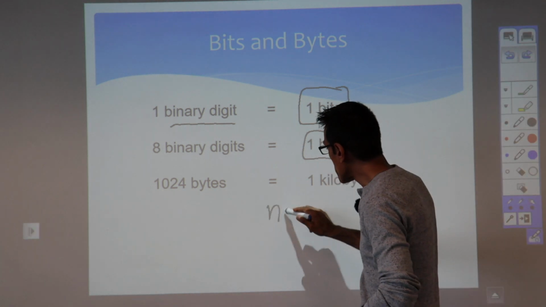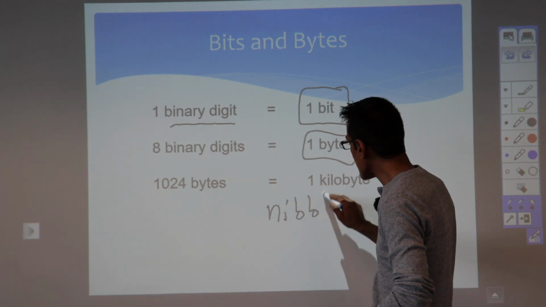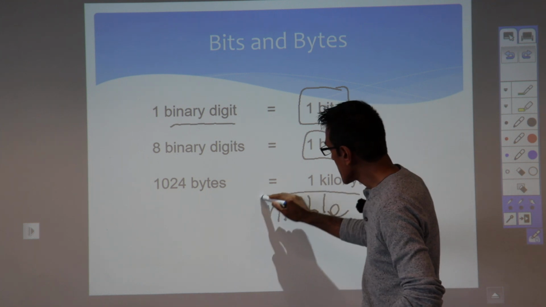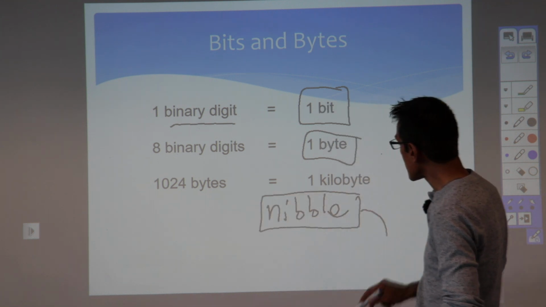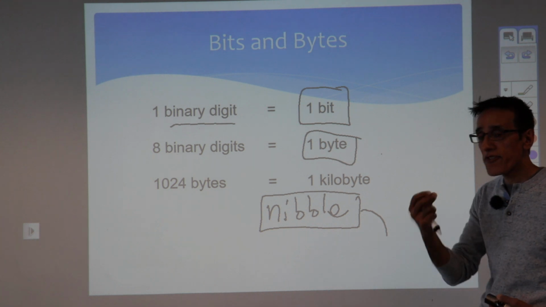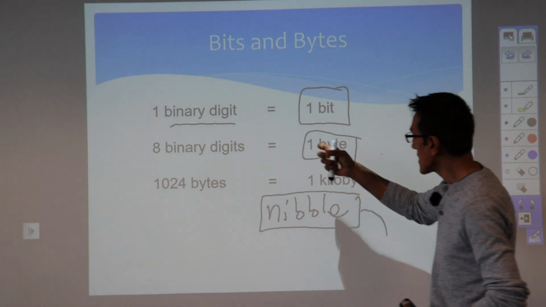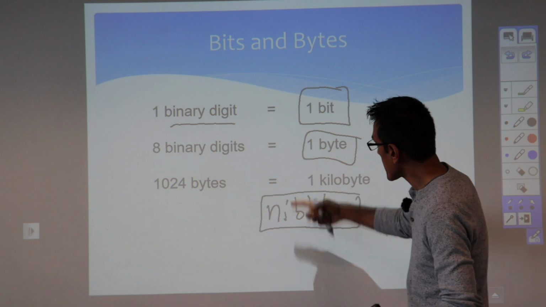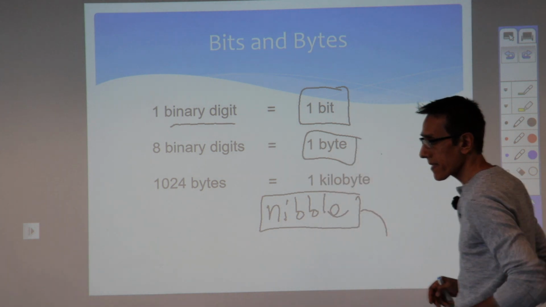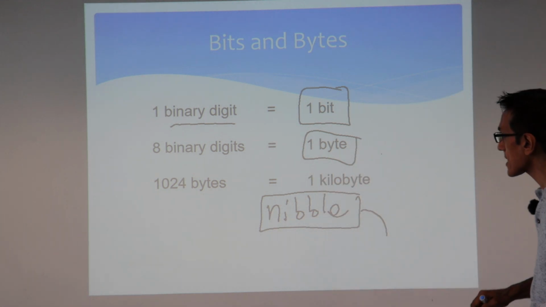And when we go on to look at hexadecimal, we have nibbles. A nibble is 4 bits. 1 byte is 8 bits, a nibble is 4 of them, which will be useful when we go on to look at hexadecimal.